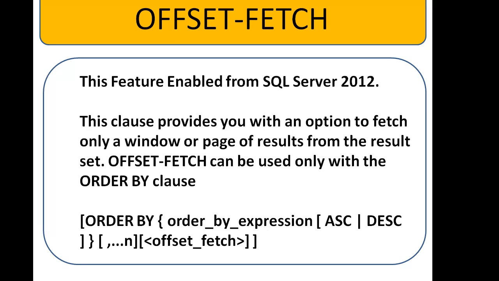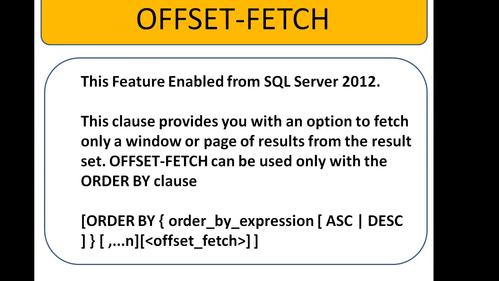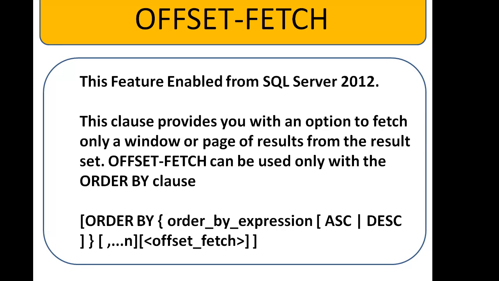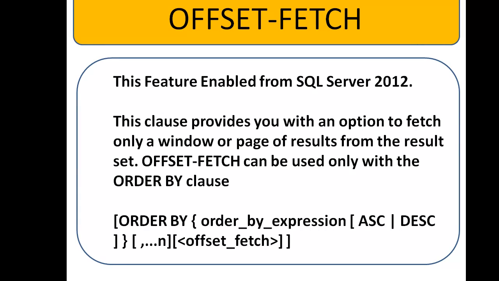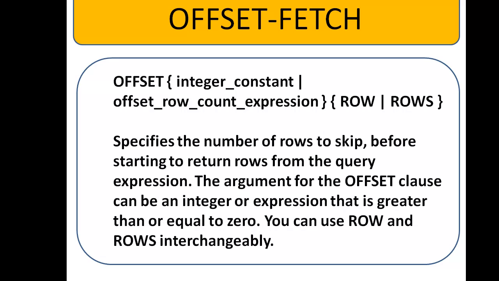This is the syntax: ORDER BY with the order by expression, ascending or descending, and with the OFFSET rows and with FETCH limited rows. Here OFFSET means an integer constant or offset row count expression, then ROW or ROWS.